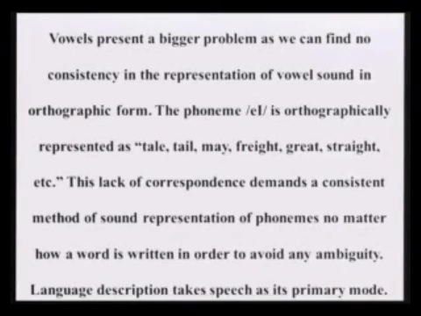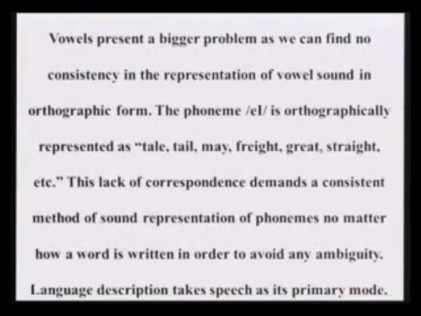May AAY. Freight EIGH. Great EA. Straight AIGH. ايه ده؟ كل ده spelling بيتنطق بالظبط بالايه بالسيمبل دي. فلما اجي اكتب تيل مش هستعمل كل ده، هستعمل السيمبل دي. ولما اجي اكتب فريت هستعمل السيمبل دي، ولما اجي اكتب ستريت هستعمل السيمبل دي، وانتهينا. يبقى الساوند is represented in all these different words which are spelled differently.